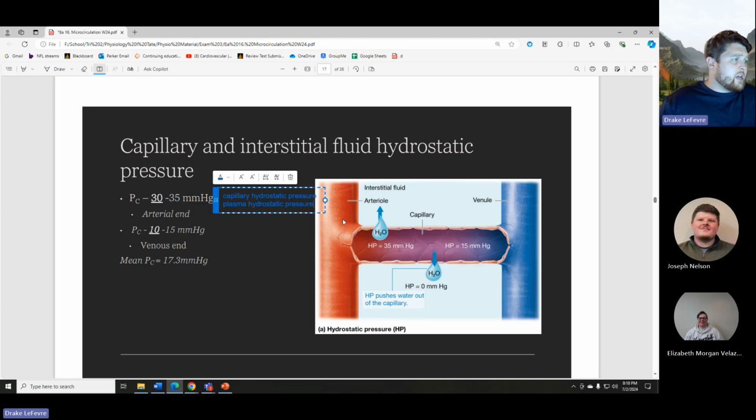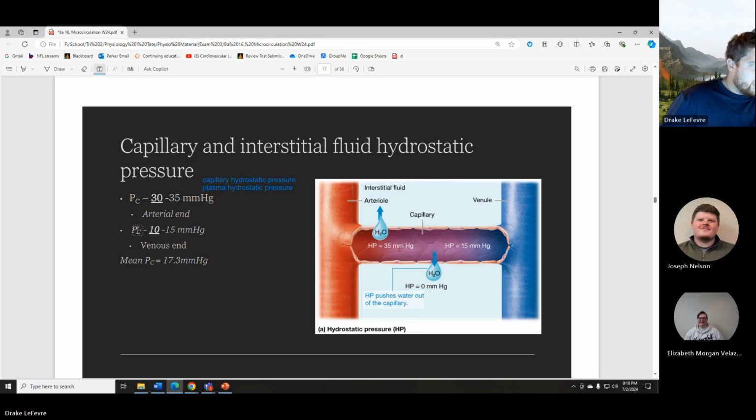I'm going to write these a couple of times just because it's important to see all the names over and over again. On the arterial side, it's around 30 to 35 millimeters of mercury. On the venous side, it's at 10 to 15, because remember, blood is always going to be flowing from high pressure to low pressure.